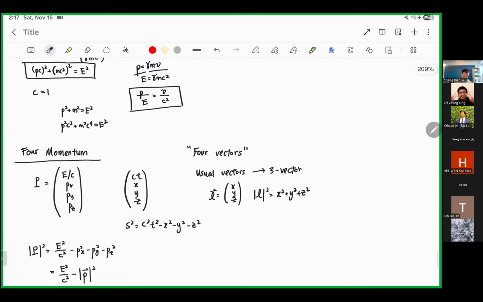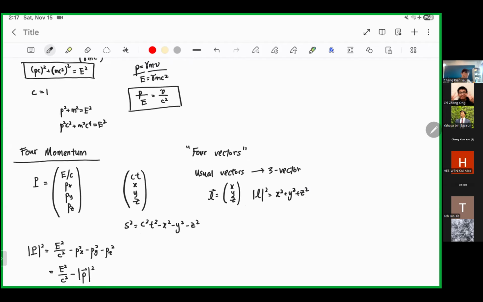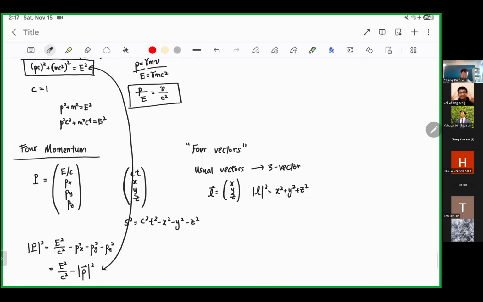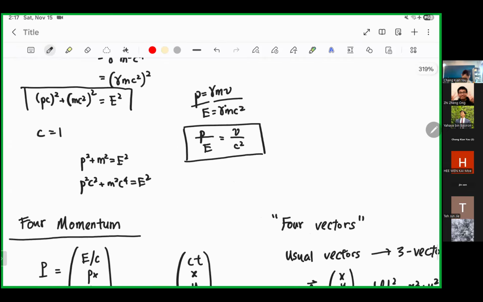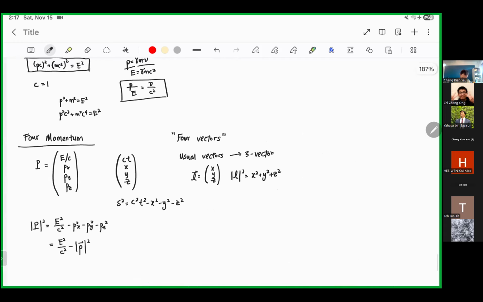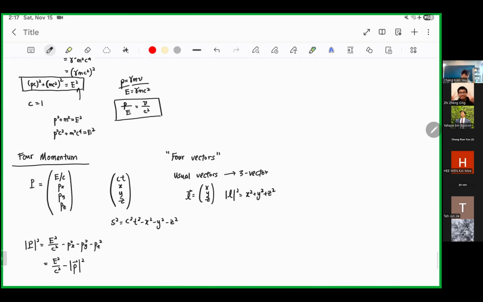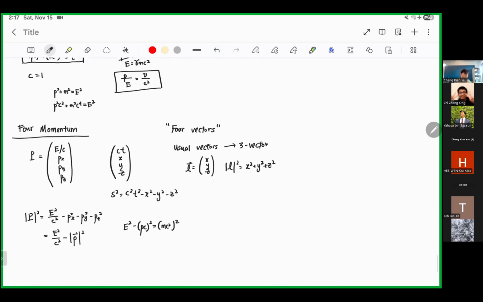I said this equation was useful just now. Can you see the relationship between them? We can rewrite this equation to be E squared minus P squared C squared equals M squared C to the fourth, and then you divide both sides by C squared.